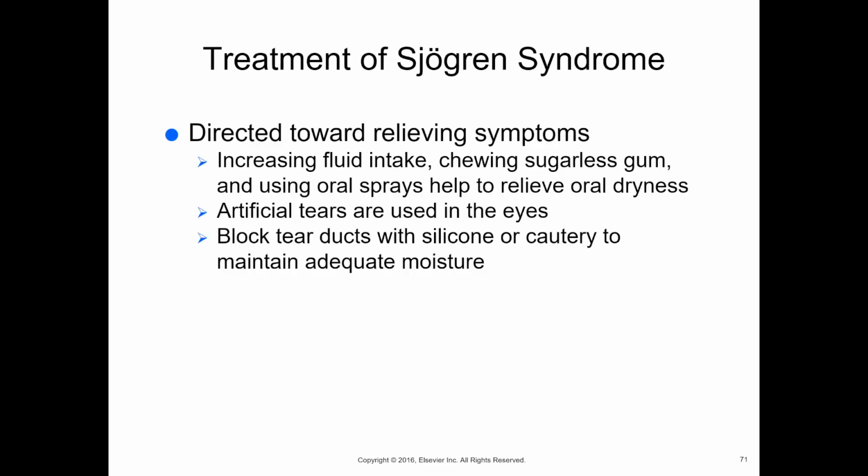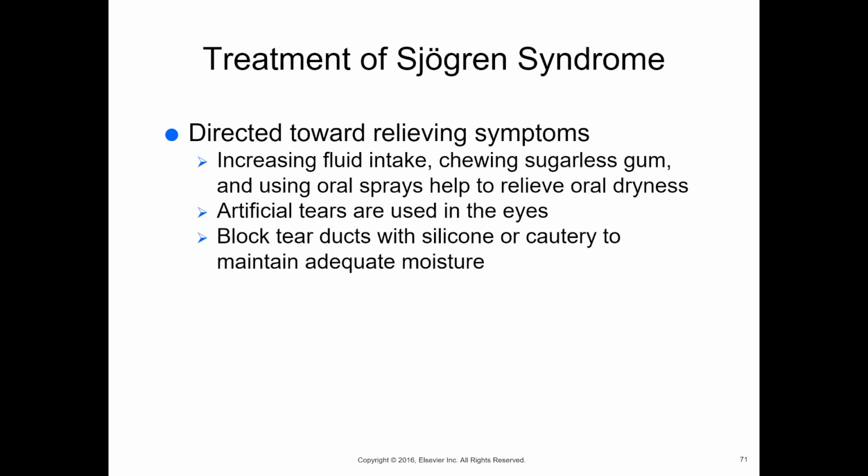Treatment is relieving symptoms, right? One of the most common issues with it is decreased tear production. One thing that they do with that is use special eye drops. You ensure you're drinking enough water. They can block tear ducts with an implant to help maintain eye moisture.